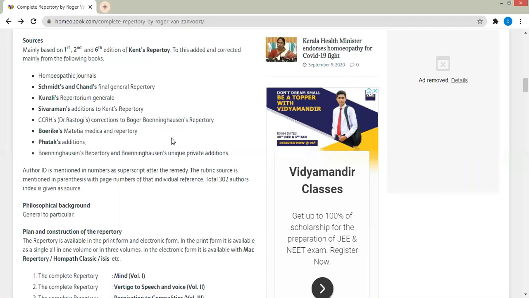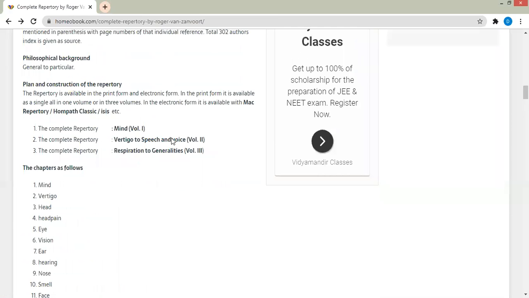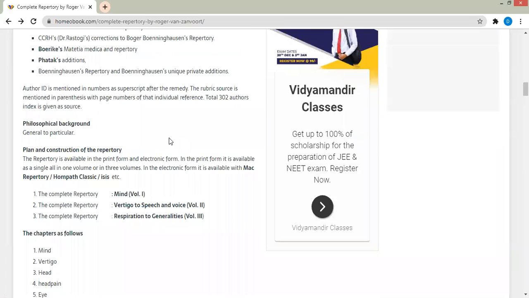The author ID is mentioned as a number in superscript after the remedy. The rubric source is mentioned in parentheses with the page number of that individual reference.